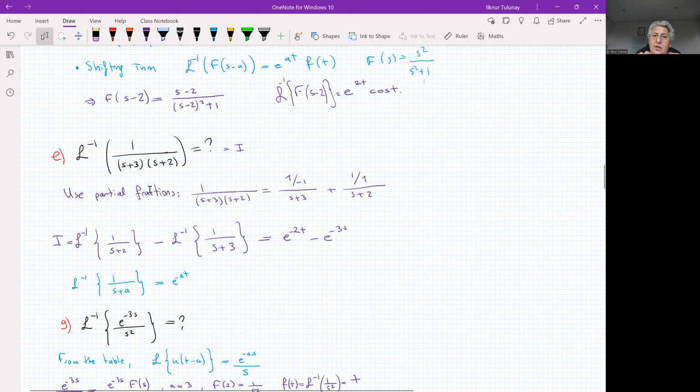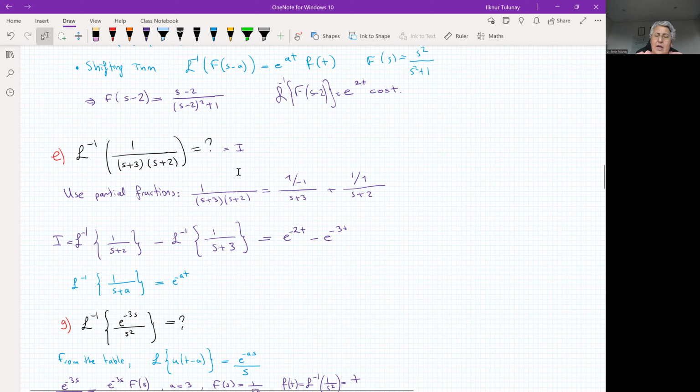We cannot think that the L of this is the L of this part times this part. It is not correct. But we can think of the linear inverse Laplace transform of this plus the inverse Laplace transform of this. Okay, we can split like this, instead of the Laplace transform of all of this.